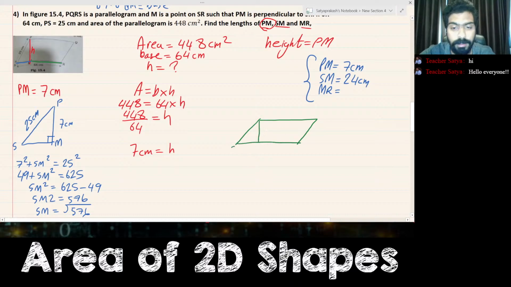Now this is SMR. We know SR totally is 64 centimeter, and we just found out SM is 24 centimeter. Therefore MR would be 64 minus 24, which is equal to 40 centimeter.